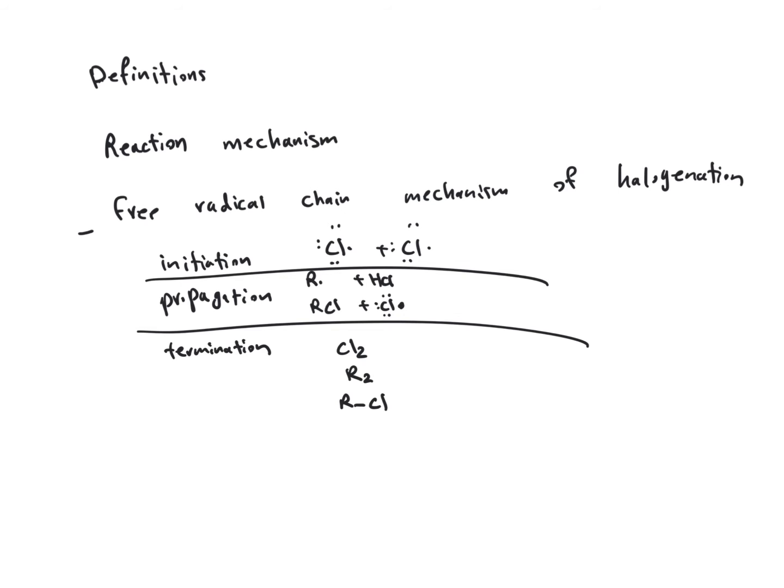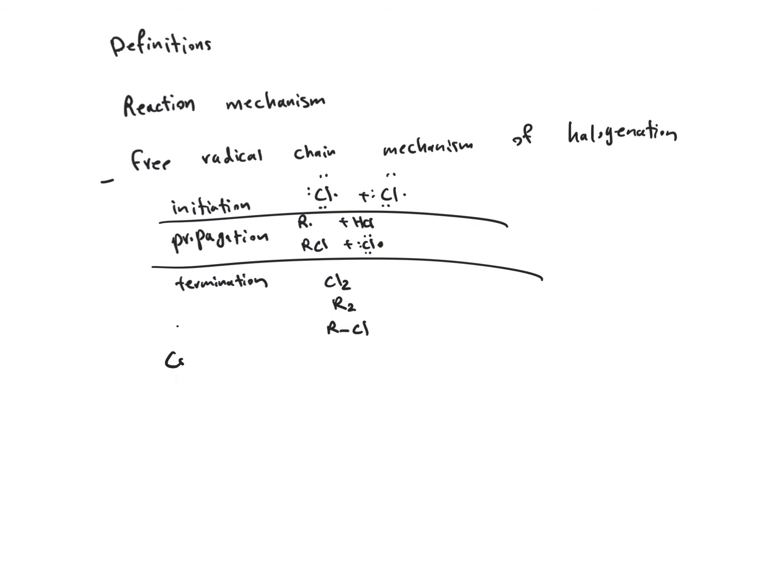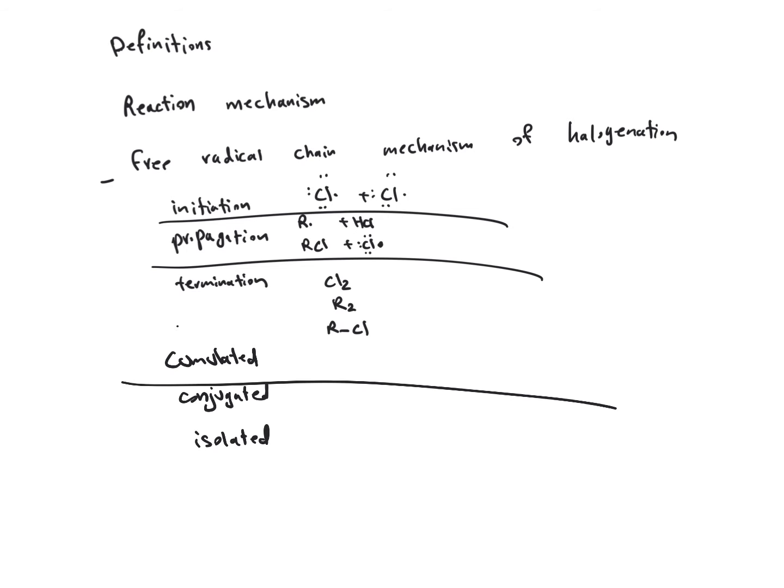So we had cumulated, conjugated, and isolated or non-conjugated. In cumulated, we have double bonds next to each other. In conjugated, they alternate, and it can also be triple bonds.